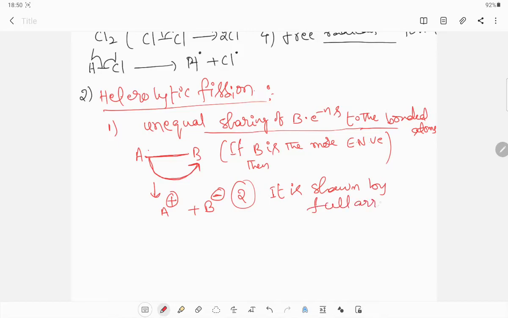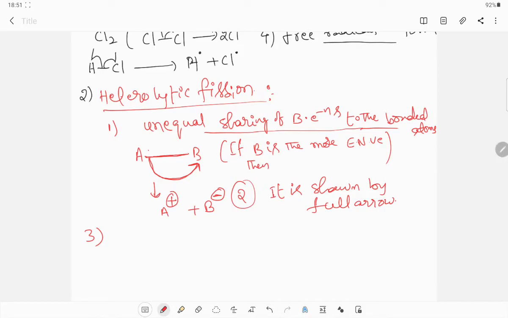I already showed that full arrow. The third point: favorable conditions. Other than thermal, other than photochemical, other than moist Ag2O condition, all conditions are favorable for heterolytic fission.